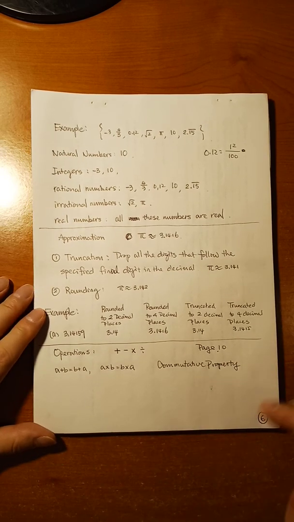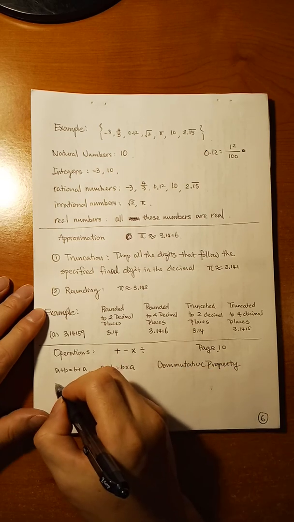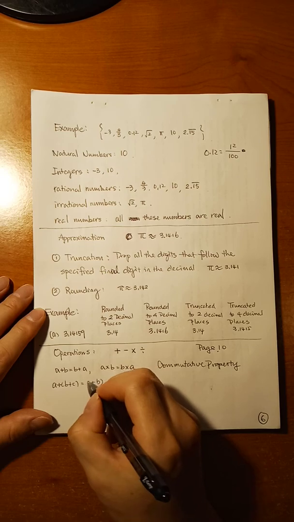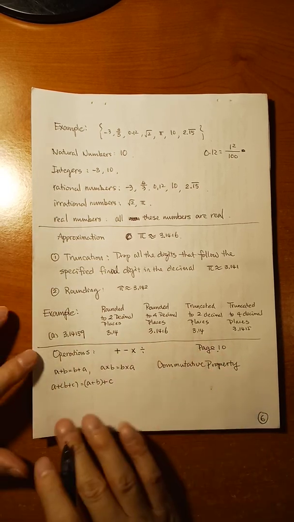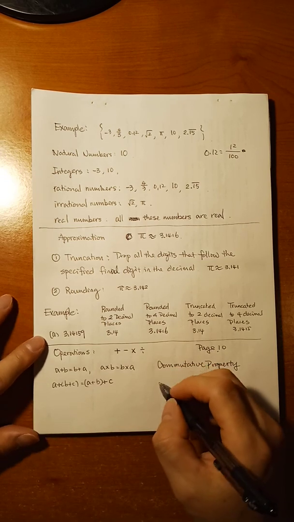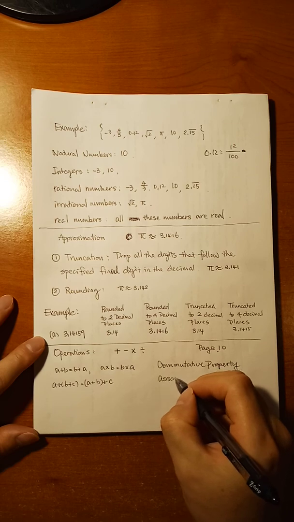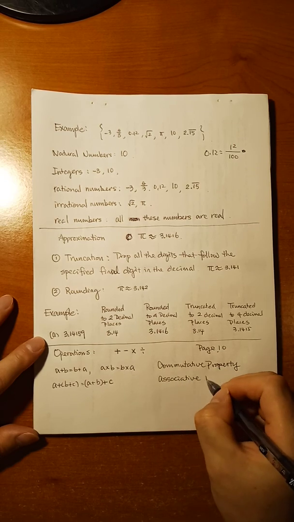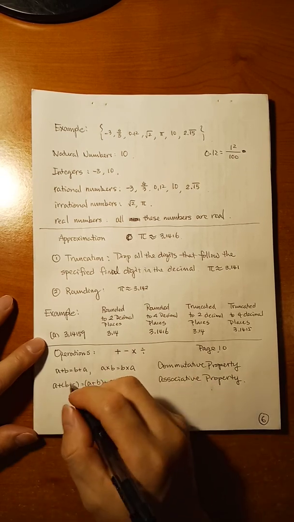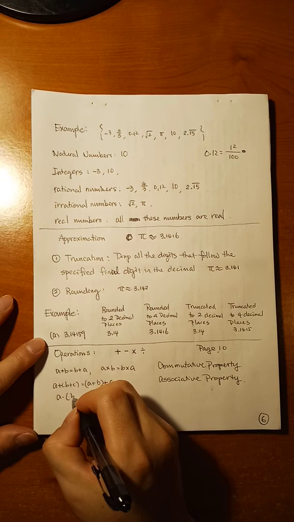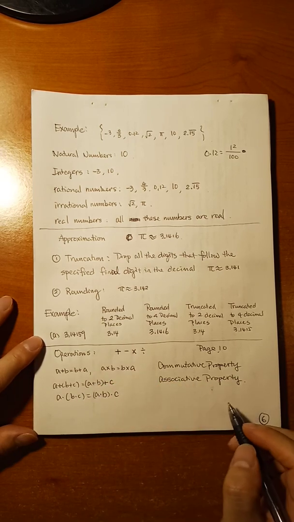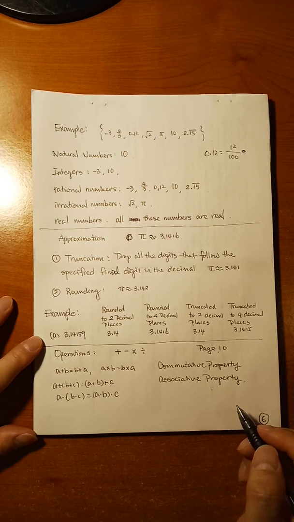And then we also have the so-called associative property. Associative property means if you have several additions, you can do them in whatever order, A plus B first or B plus C first. It doesn't matter. And you will see that addition and multiplication share some similar properties. The multiplication also has this associative property.